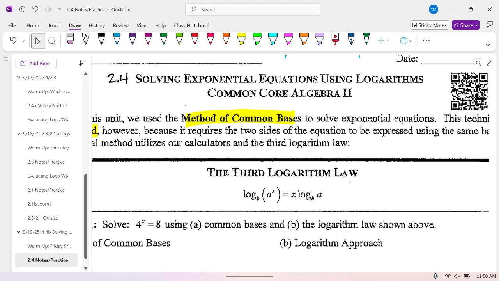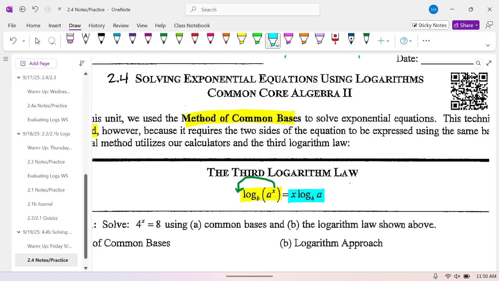All it states is that if you have a log and then something raised to some power within the parentheses of the log, if we don't want that exponent, the only thing we got to do to get rid of that exponent is take it and bring it in front of the log. So it's exactly the same thing as x times the log of b of a.